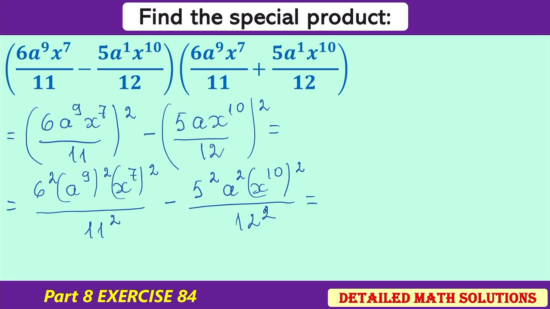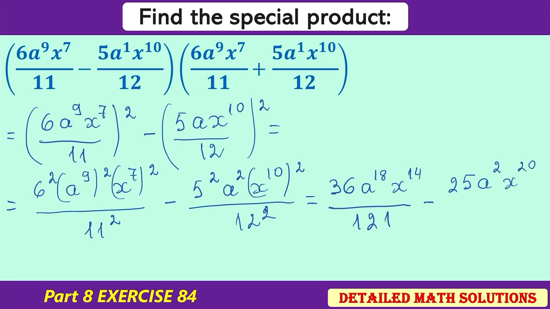This expression simplifies to 36 a to the 18th power x to the 14th power over 121 minus 25 a squared x to the 20th power over 144.